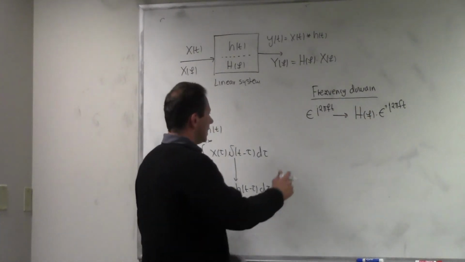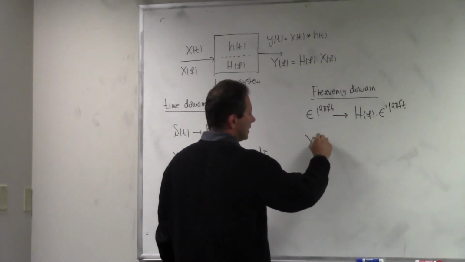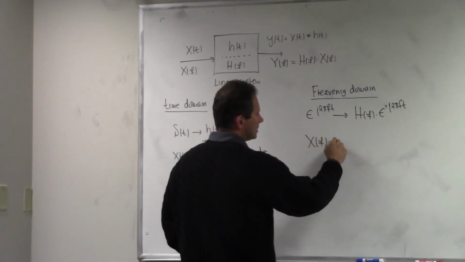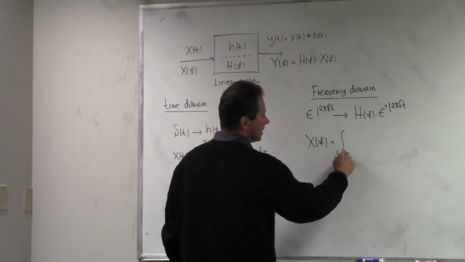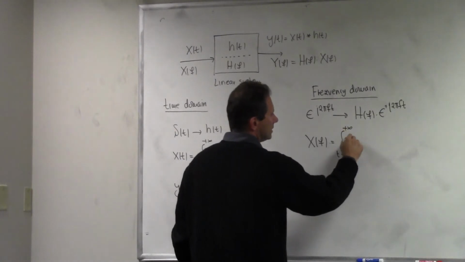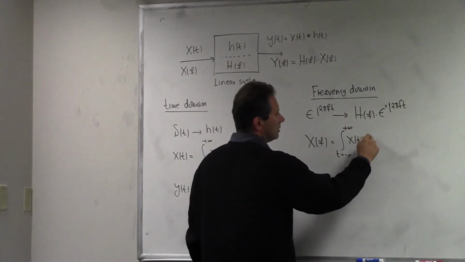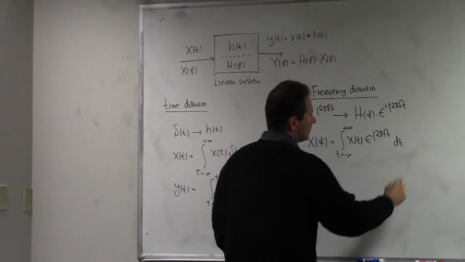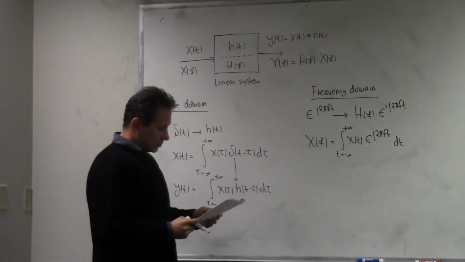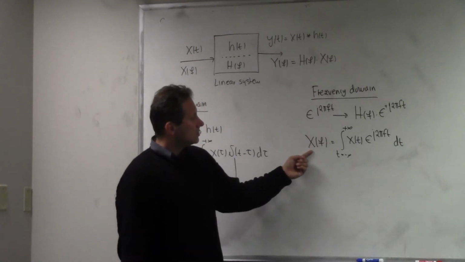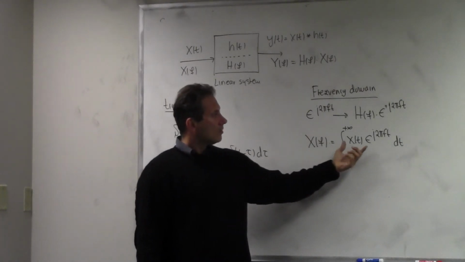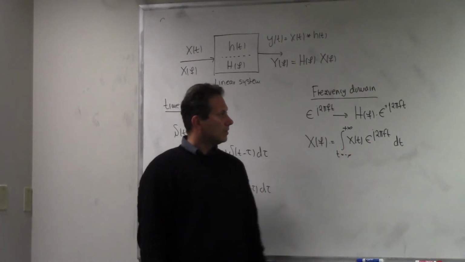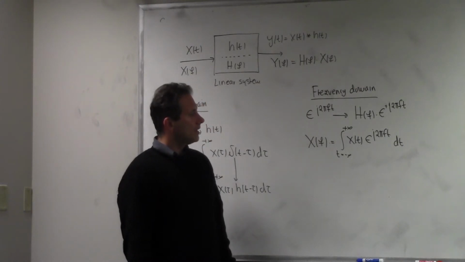So now, I look at my Fourier transform in a different light. What is the Fourier transform? It's an integral, when t goes from minus infinity to plus infinity, of x of t e to the minus j 2 pi f t dt. What you see here is that this is essentially a sum of these exponentials.